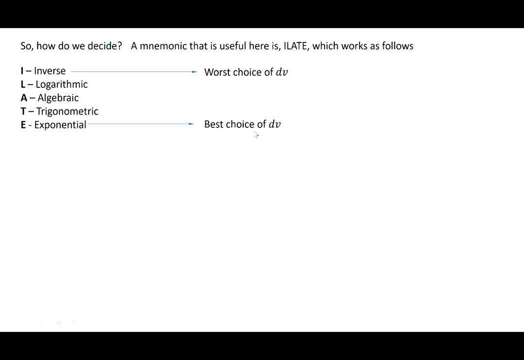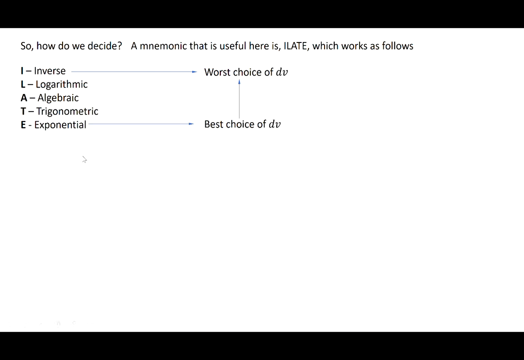Exponential is the best choice for dv, and things go from bottom to top. As you go, things get worse and worse for dv. So everything is going to be based on what to choose for dv, and the rest of it would be u.